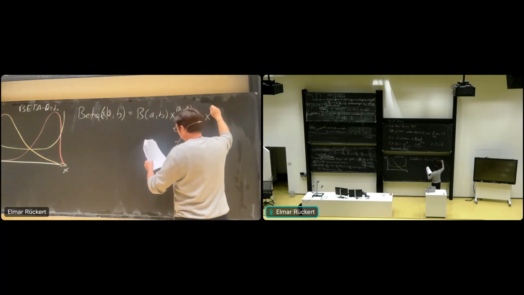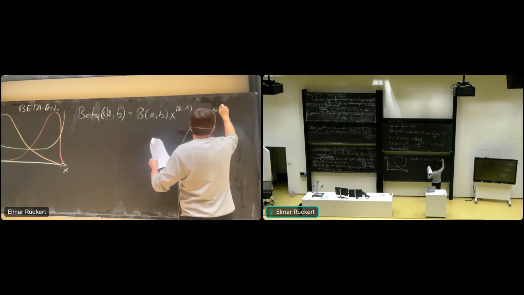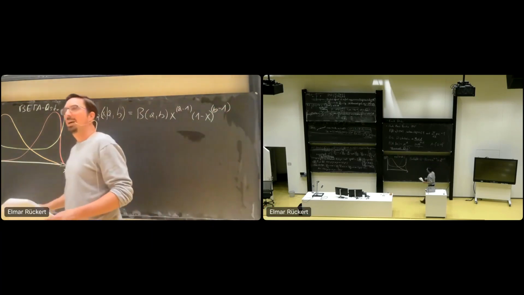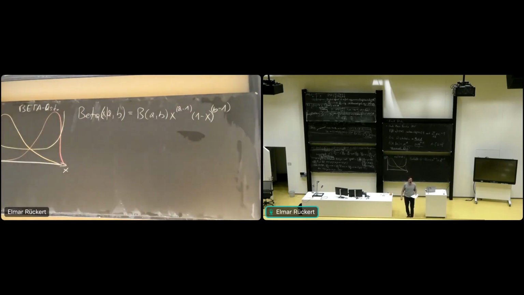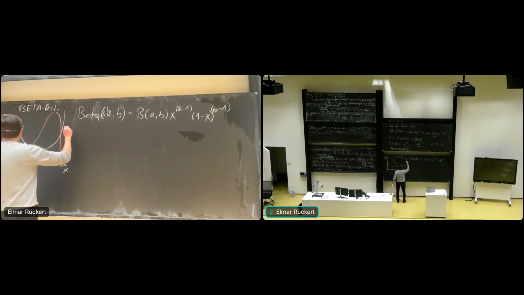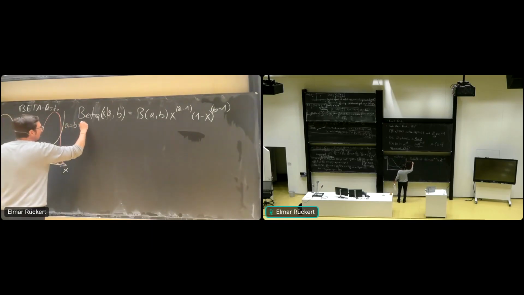You don't need to know that by heart. To the power of B minus 1. So this will never be asked in an exam question, that I ask you for this equation of the beta distribution. I might ask you, well, if you look at these distributions here, what is the difference between the settings here? For this symmetric one, A and B are equal. And in this particular case, they are 1/2.